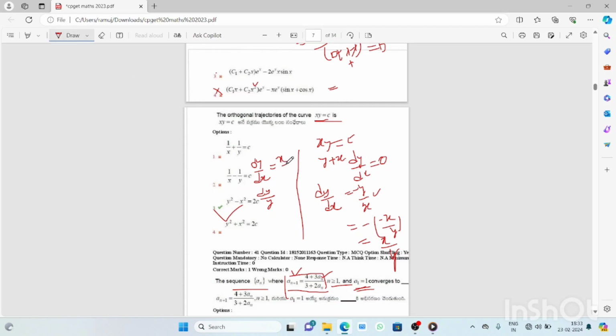If I separate these two, I get y into dy is equal to x into dx. If you integrate both sides, we will get y square minus x square equal to 2c. So this is the correct option for this question.